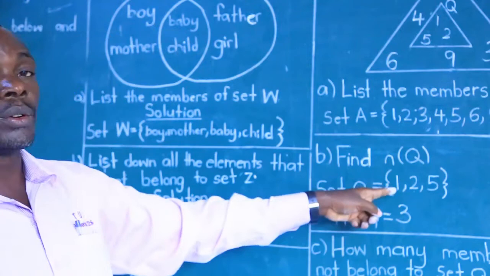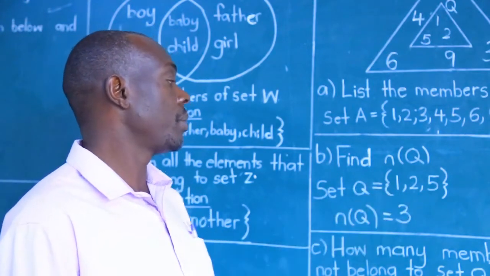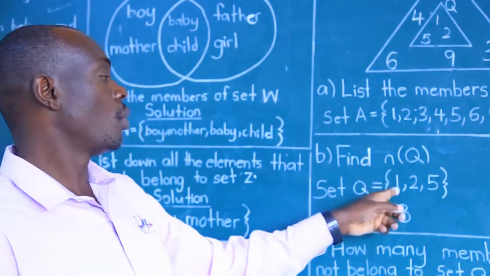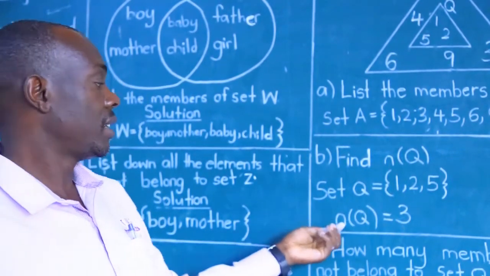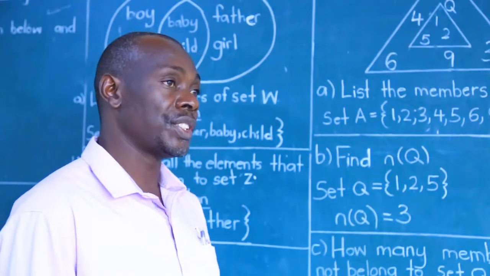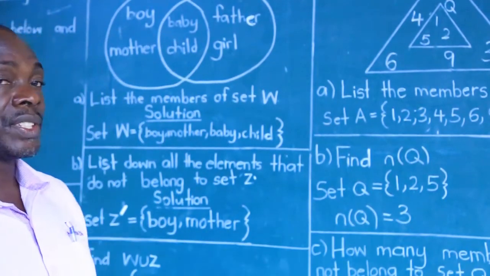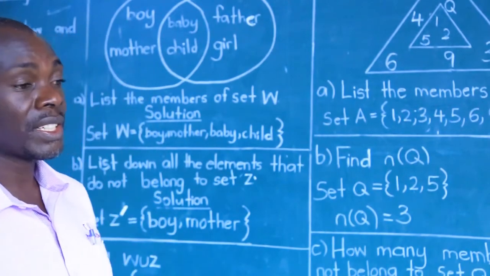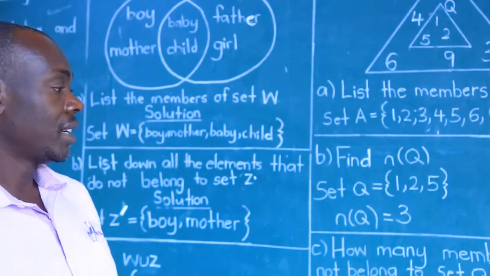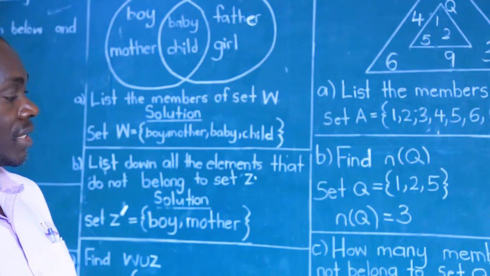Write set Q equals 1, 2, 5, each with a comma, and now count them: 1, 2, 3. This number calls for counting. You say the number of elements in set Q is equal to 3. Remember not to put the 3 in curly brackets. In so doing, you'll be a very successful P4 member, and no one will hate teaching such a good child like you.